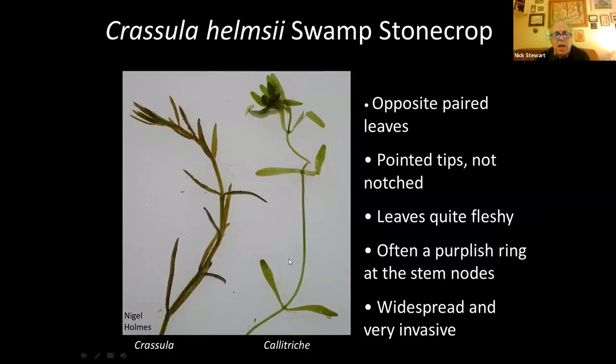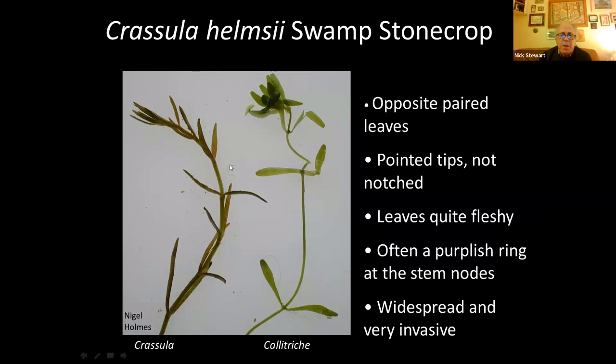But the key thing here is that the leaves are in equal and opposite pairs, a feature it shares with the water starworts. But whereas the leaves are pointed here, in the water starworts you will find a little notch at the tip of the leaves.